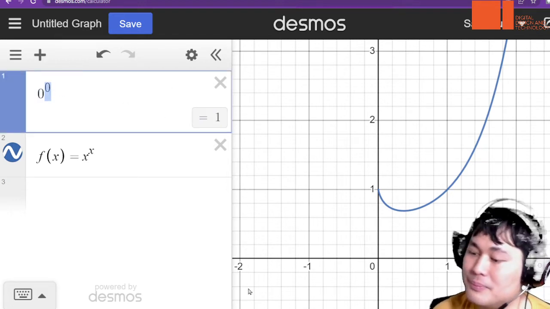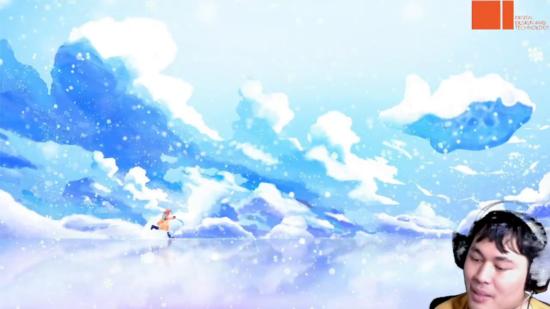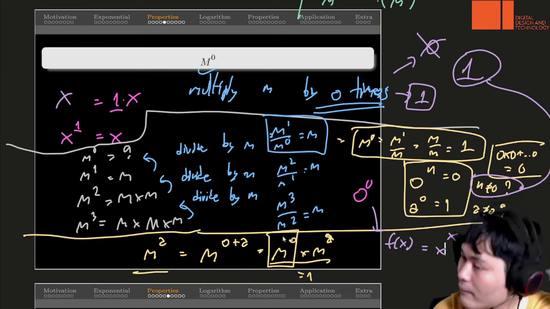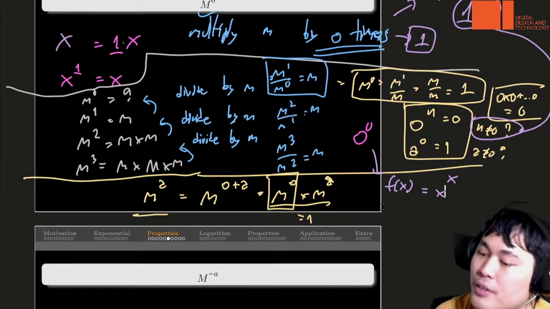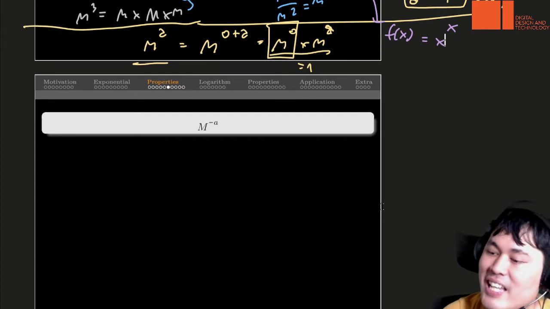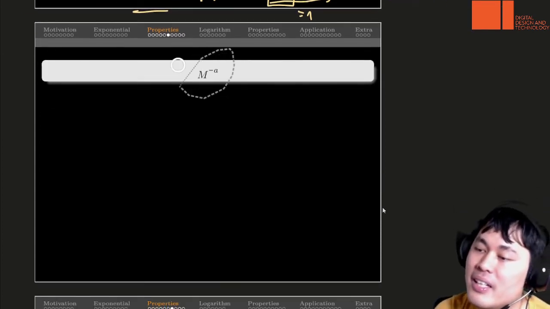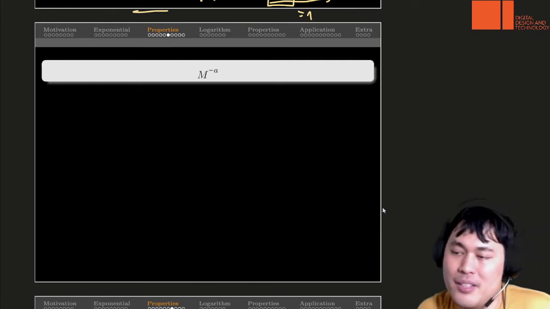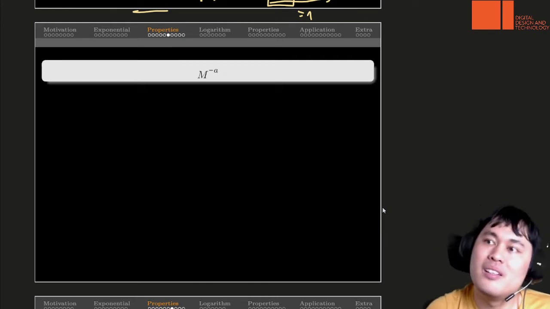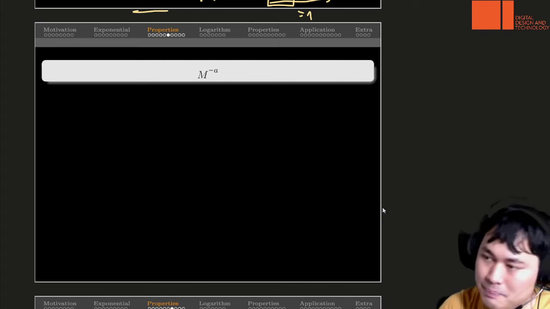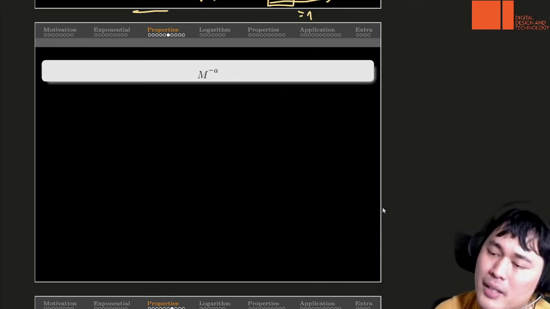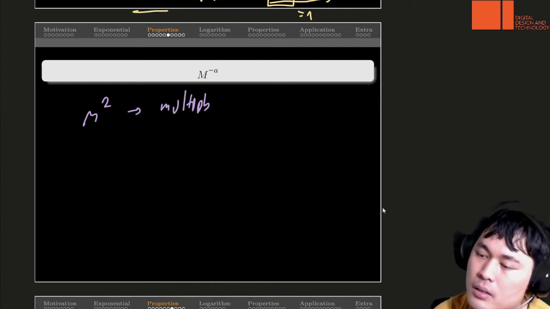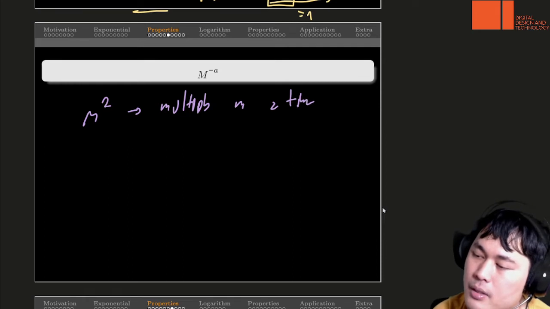Again, you might think of it differently. If you know calculus, you might have a different idea. Yeah, it's good enough for that. Oh, and lastly, we should finish that. Lastly, we have another property about negative powers. At least at first, a negative power doesn't make sense. Like, it does make sense, but if you think about, let's say, m squared, you multiply m 2 times.